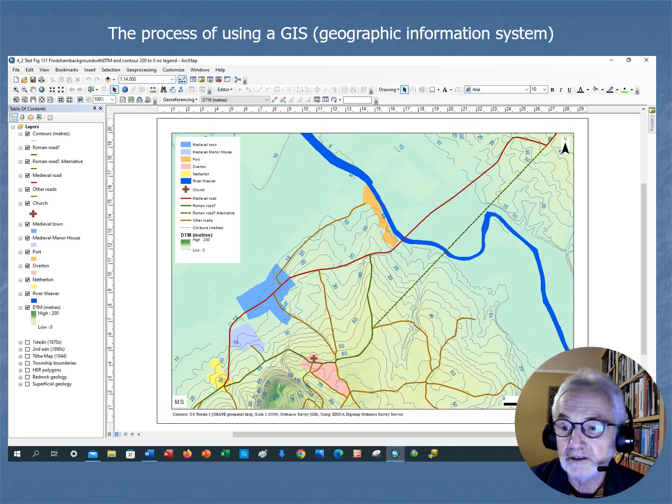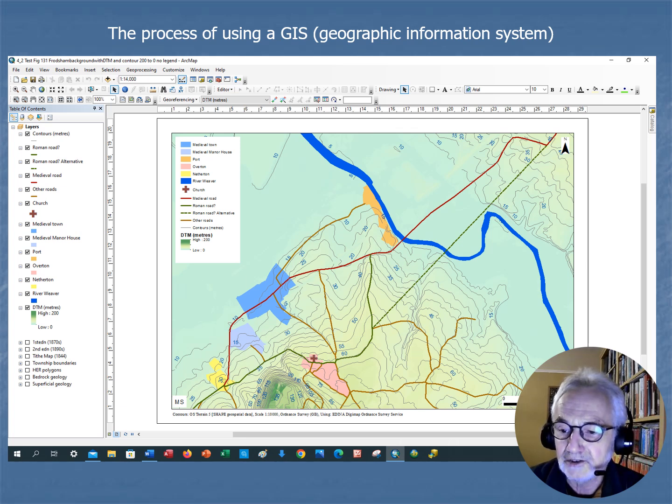An integral part of my thesis was the use of a GIS, or Geographic Information System. This is not the place to discuss the use of GIS in detail. I would, however, like to briefly outline some of the advantages of using a Geographic Information System in the study of medieval towns.